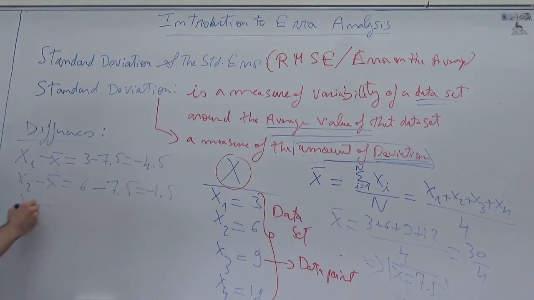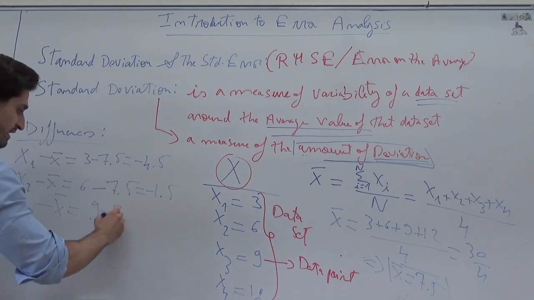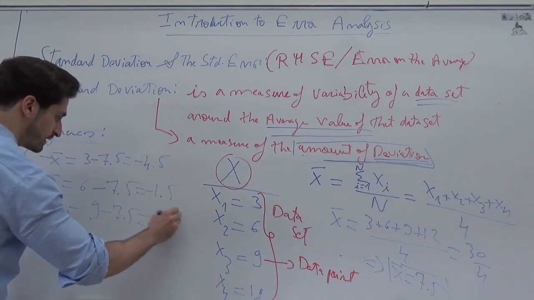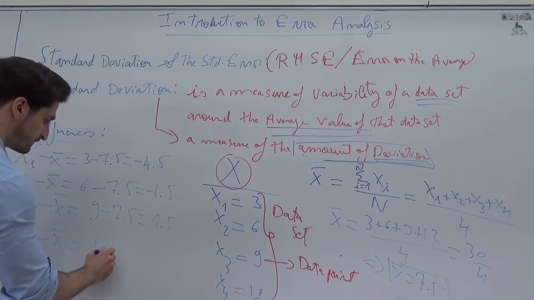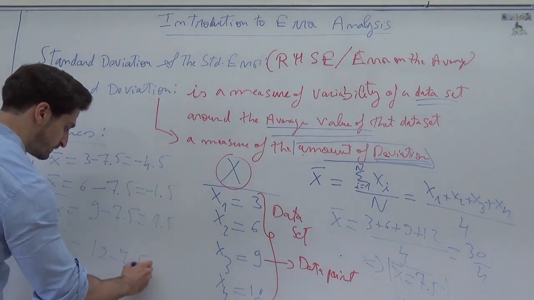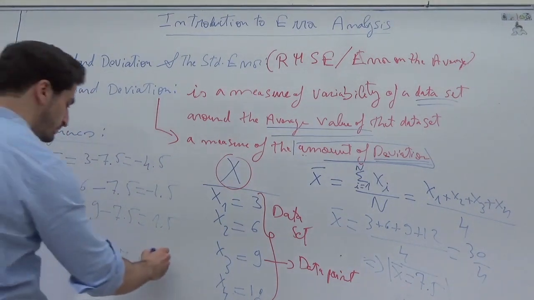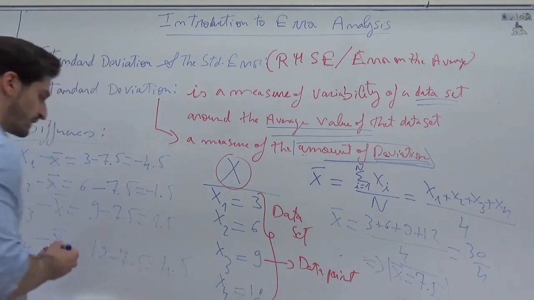Then the third difference, x3 minus x bar, is equal to 9 minus 7.5, which is equal to 1.5. And finally, x4 minus x bar is equal to 12 minus 7.5, which is equal to 4.5.